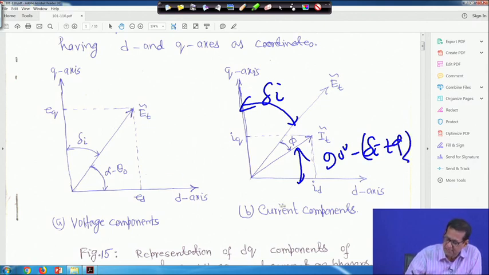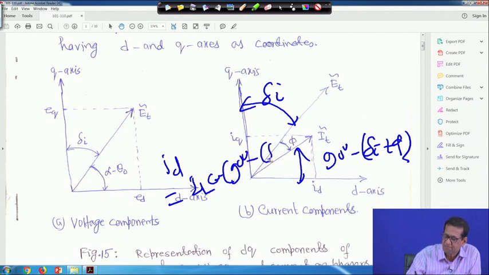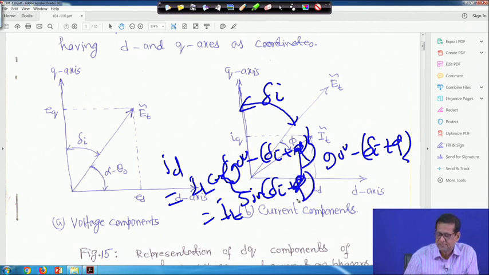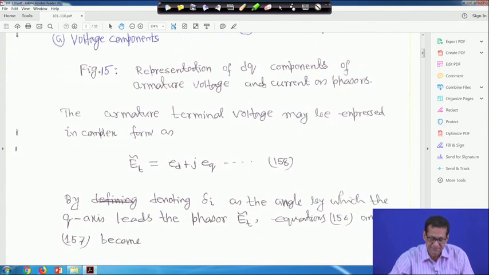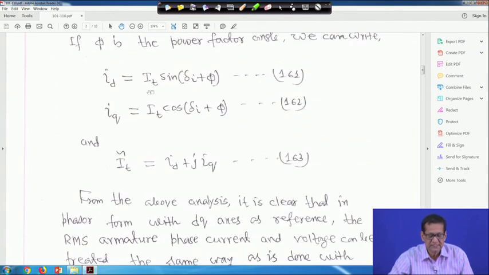Therefore, ID is equal to IT cos(90 degrees minus (delta I plus phi)), that is nothing but IT sin(delta I plus phi). Similarly, IQ is equal to IT cos(delta I plus phi). That is what has been written here: ID is equal to IT sin(delta I plus phi) and IQ is equal to IT cos(delta I plus phi). This is equation 161 and this is 162.